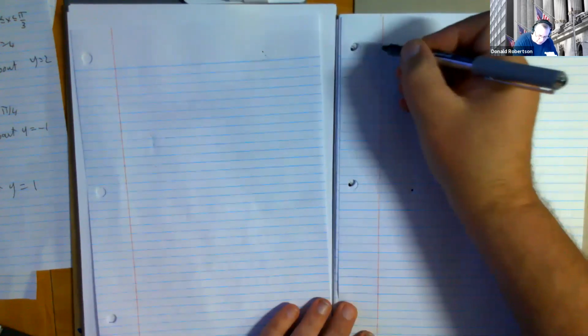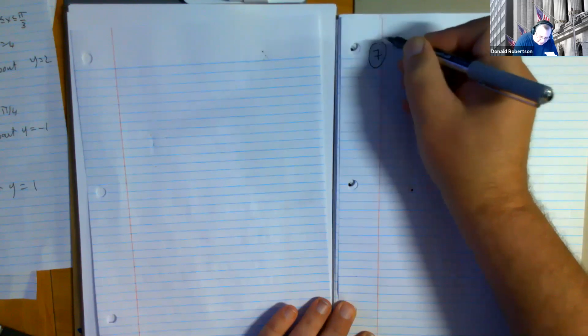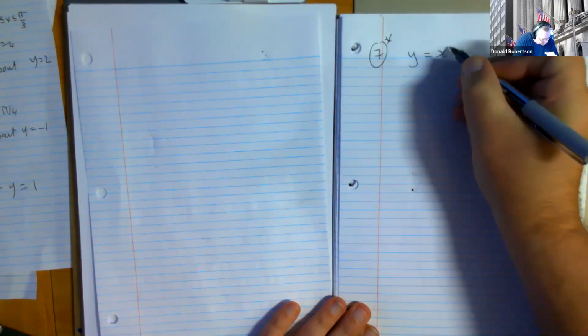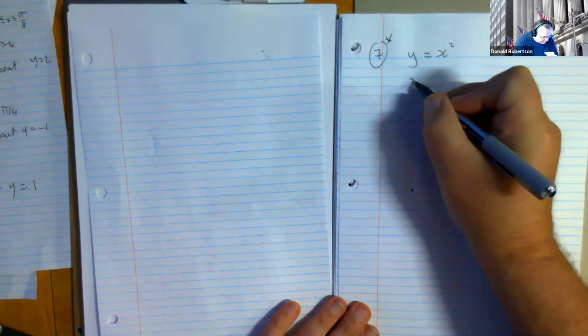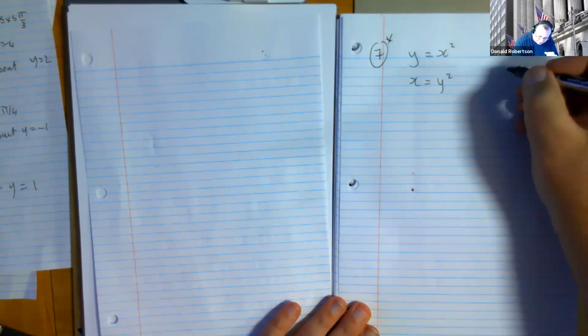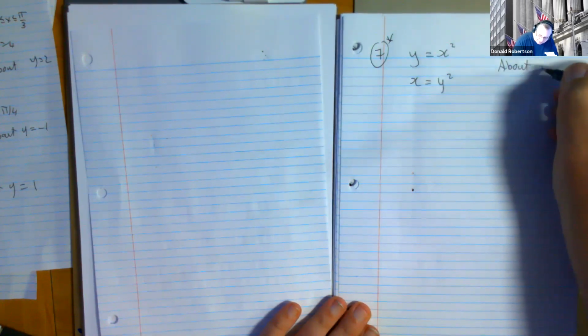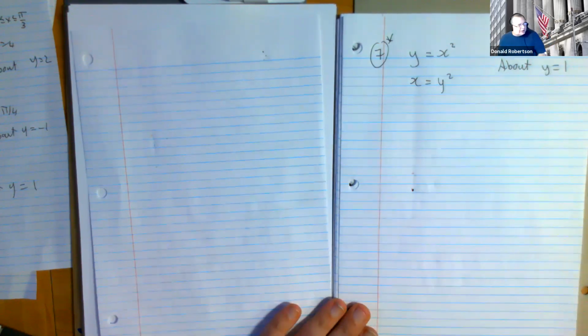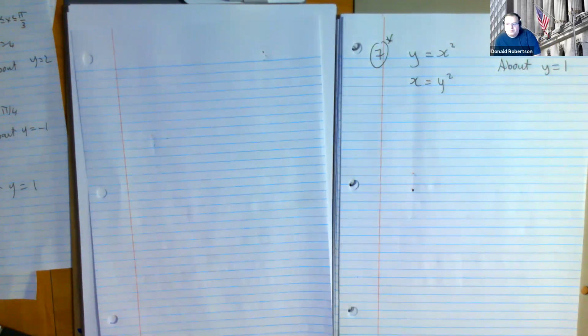This is similar to question 7 in the homework. And this is y equals x squared, x equals y squared, and it's being rotated. They don't have a lot of imagination here. They keep on picking ones of various kinds. About the line y equals 1.